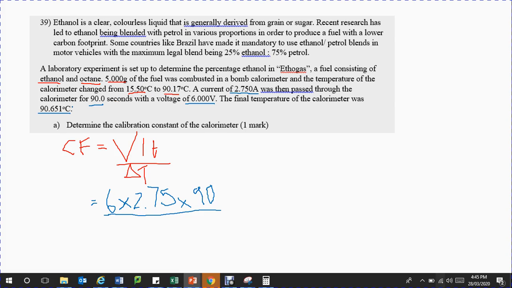So we want the change in temperature between 90.17 and 90.651, and that difference is 0.481. So we should come up with a calibration factor of 3087 joules per degree Celsius. So that's part A done for 1 mark.